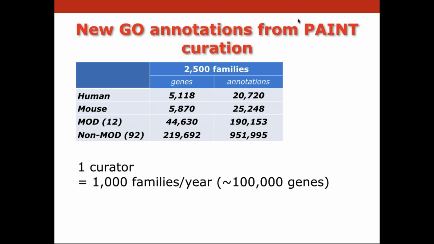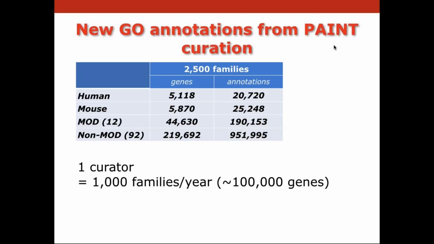Within those 2,500 families, over 5,000 human genes have been annotated, with 20,000 new human gene annotations. And if you look at all the organisms, we have nearly 1 million annotations with this system.